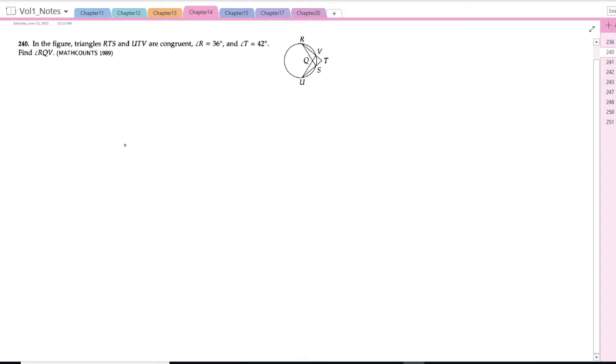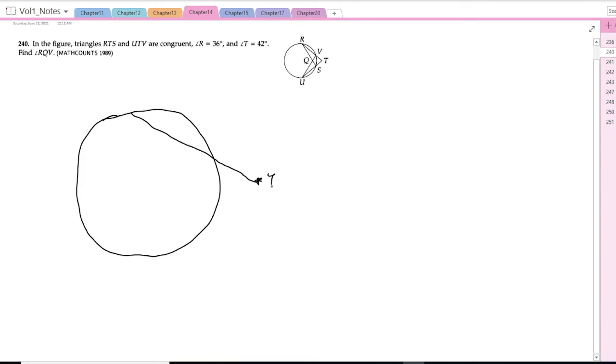Question number 240. In the figure we have a circle. We have the triangle RTS and the triangle UTV. We have an outside point T, right?